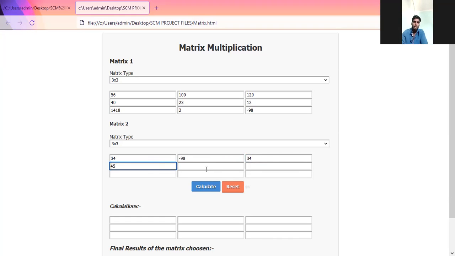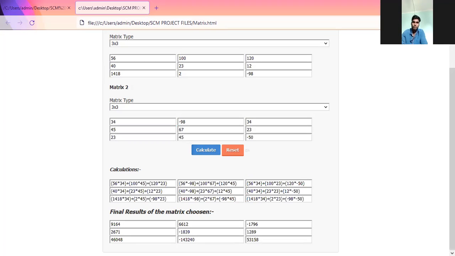After giving the values, we will multiply, and the solution will be shown through the calculation mode. We will be getting the solution like this.